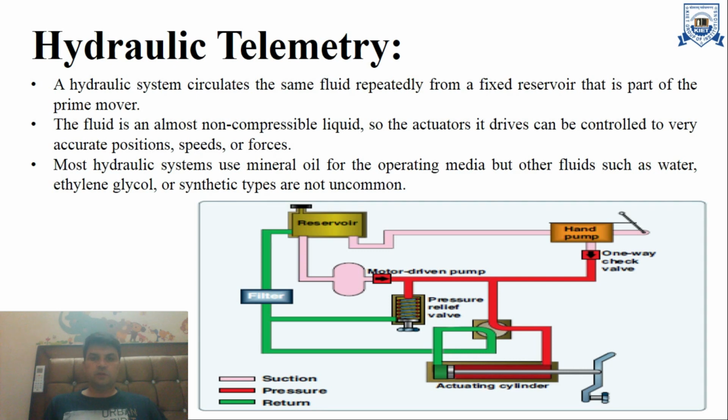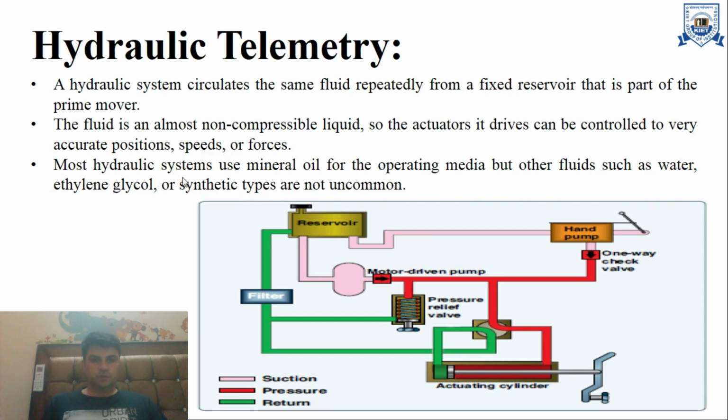Here is the hydraulic telemetry. A hydraulic telemetry system circulates the same fluid repeatedly from a fixed reservoir that is a part of the prime mover. Here the fluid is any liquid which is non-compressible, so the actuators it drives can be controlled to very accurate position, speed and forces.